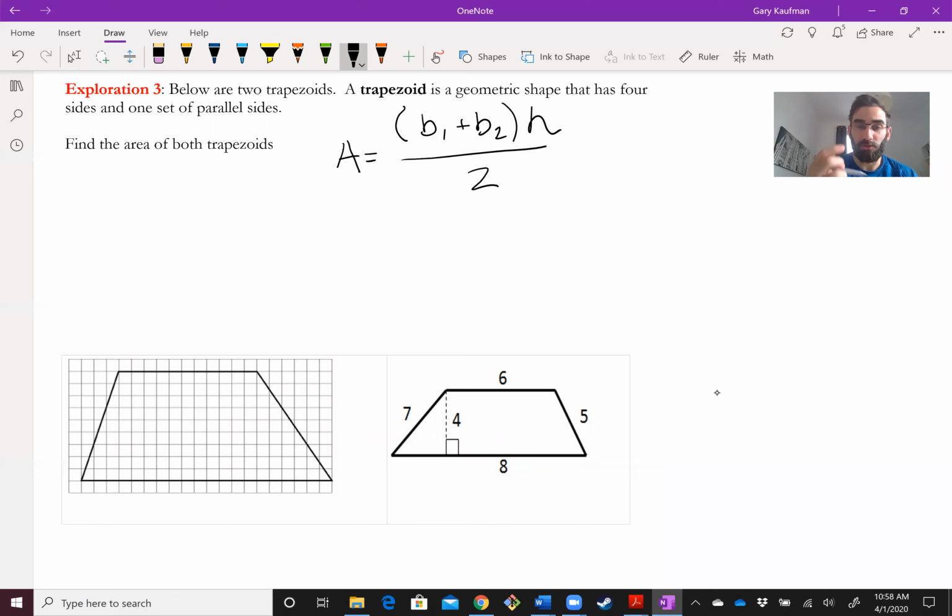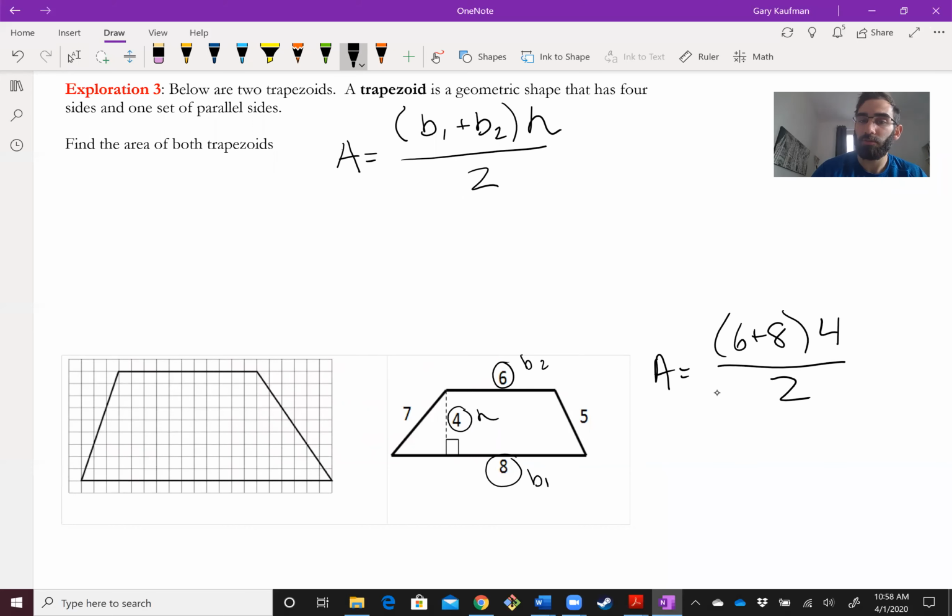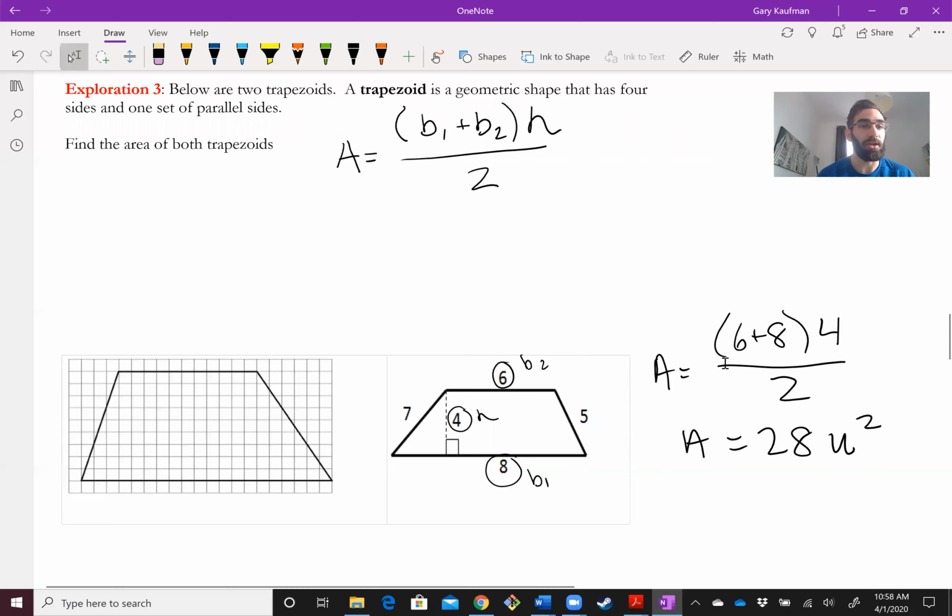So if I was to do this one on the right, this represents base 1, this is my base 2, and that is my height. So my area is 6 plus 8 multiplied by 4 divided by 2, which ends up getting 28 units squared. So you do the one on the left now.